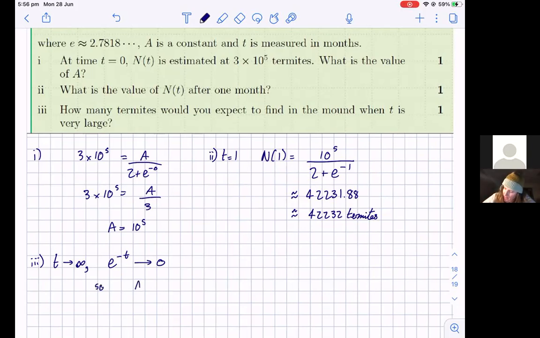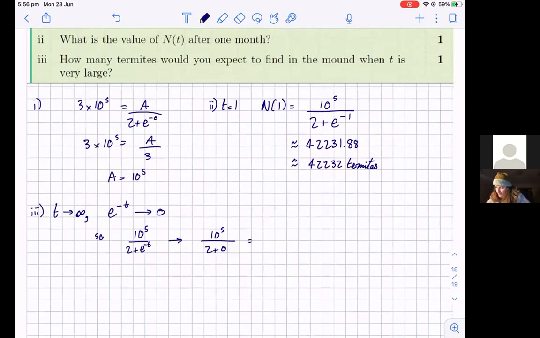So A on 2 plus e to the minus T, well, A is 10 to the 5, is going to tend to 10 to the 5 over 2 plus 0, which is 50,000 termites. So you can't fit more than 50,000 into this mound.